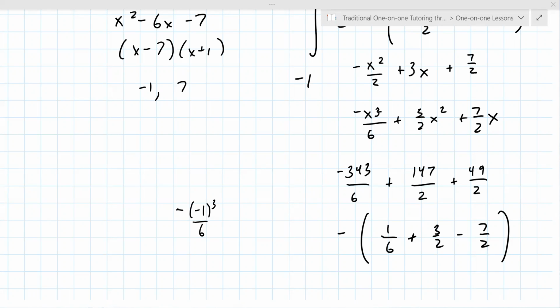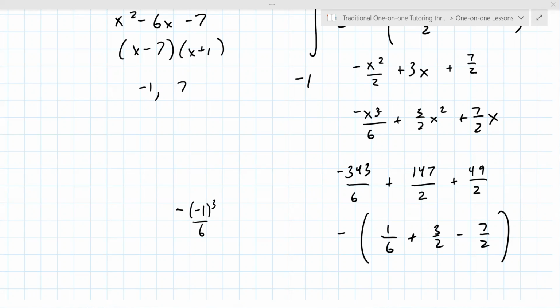147 plus 49 minus 3 plus 7 plus 200 over 2. I feel like that's wrong. Let me get a calculator out to check. When you combine like terms, it's like 342 over 6.